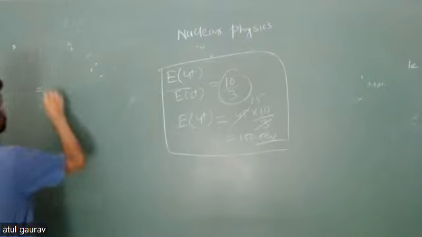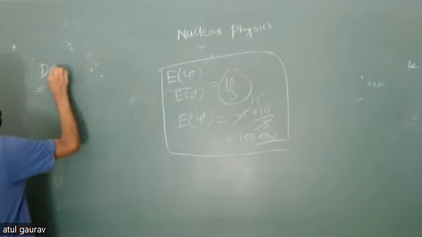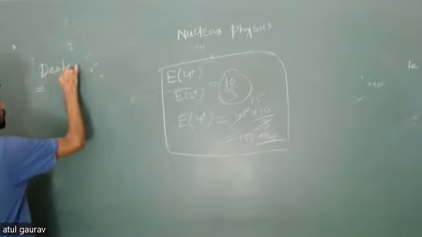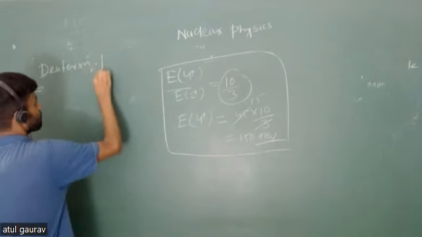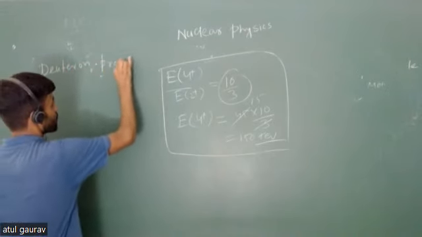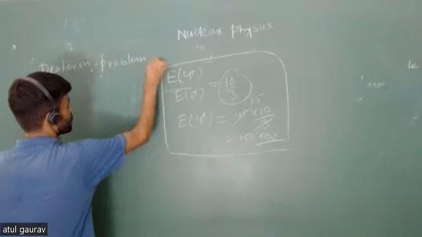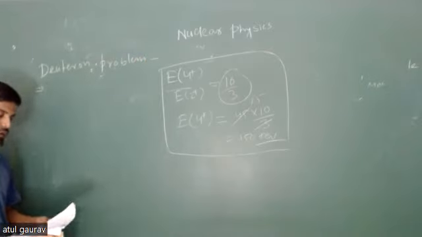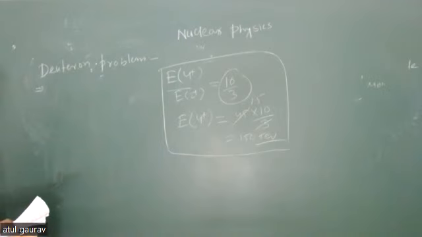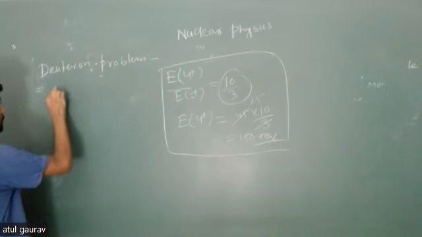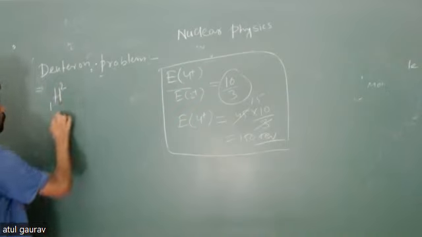Now what is the deuteron? So we will start the deuteron problem. Hydrogen with... So write, it is the only bound system of two nucleons. You know deuteron, right? Deuteron means 1H2.